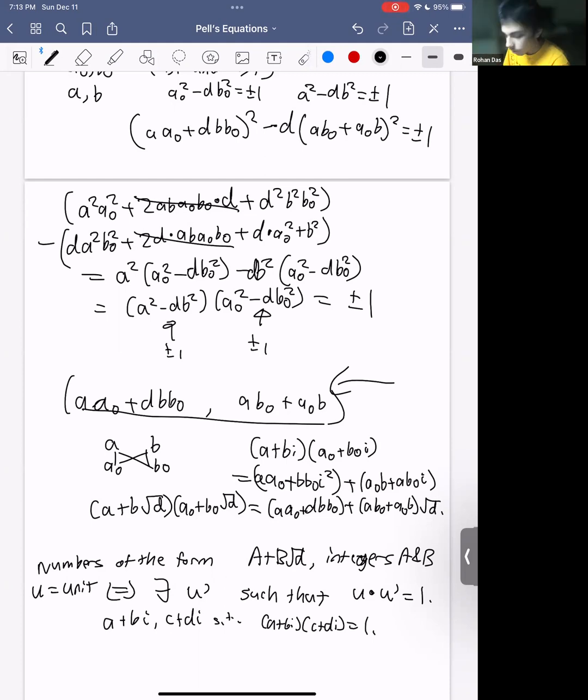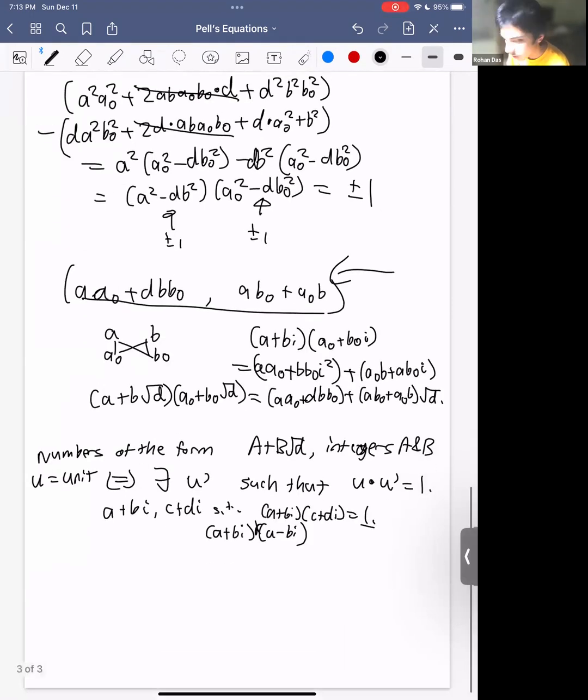Usually what will happen is that for this to be a real number, you will need it to be the conjugate times something, so some k times a minus bi. We're not going to go further into the details of this. We're just going to use the same concept of the conjugate.